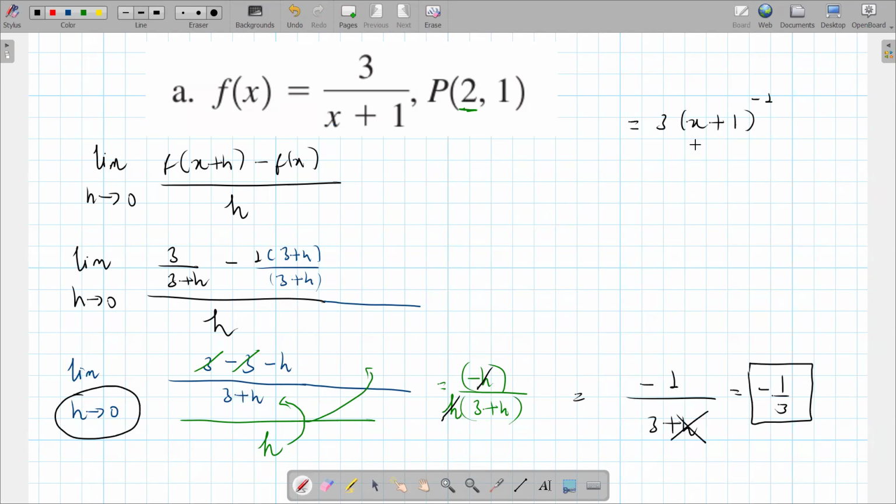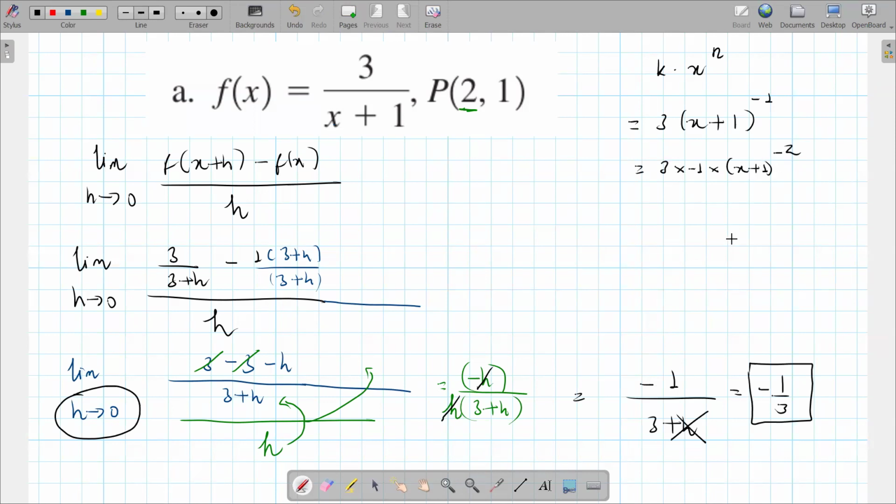This is not a polynomial, but the rule applies. The shortcut method for polynomials also applies to this because this is in the form of k times x to the power of n. So what does that mean? You bring down the -1, it becomes 3 times -1 times x plus 1, and you take 1 away from that exponent.